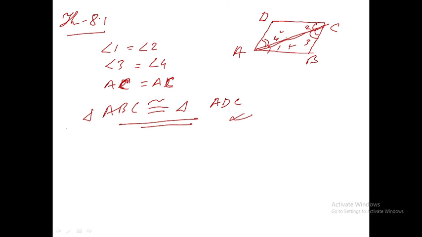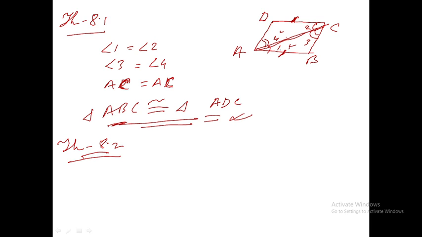Theorem 8.2 says, in a parallelogram, opposite sides are equal. Now, since these two triangles are congruent, what do we prove? ABC and ADC are congruent. So AB and DC will be equal.